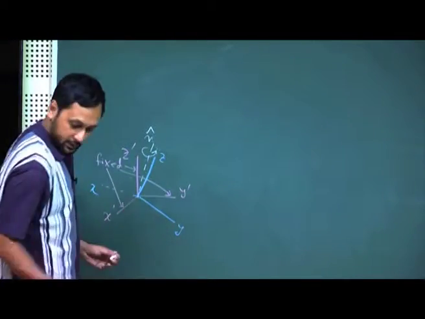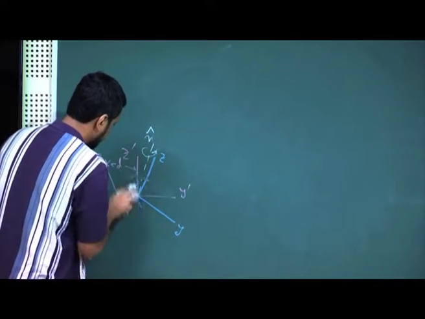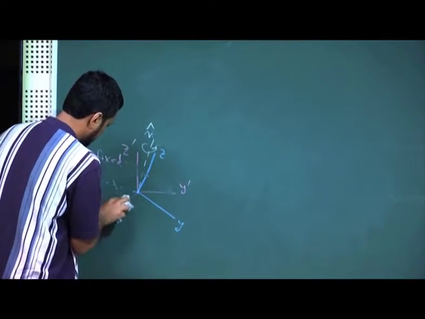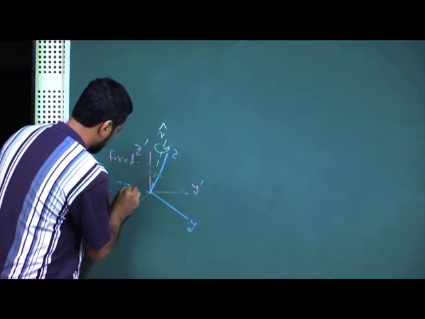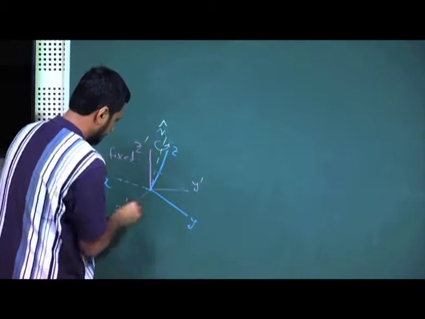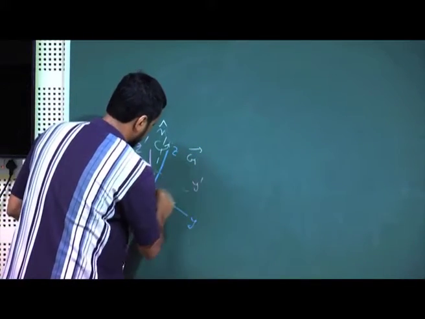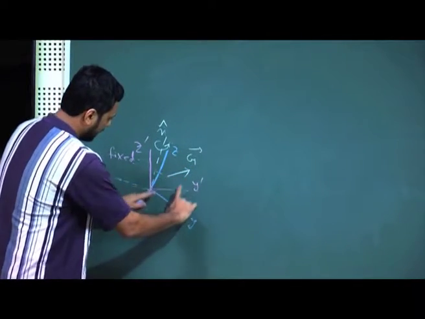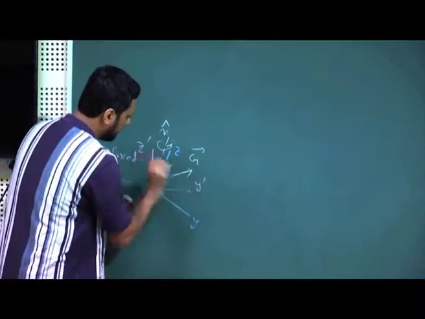Let us assume that there is a vector represented by G. Let us say this is the vector, some vector. It need not necessarily start from the origin, it could be anywhere. So, this is a general vector.